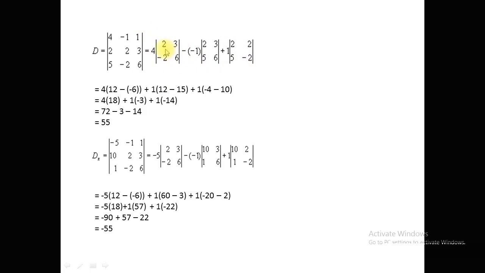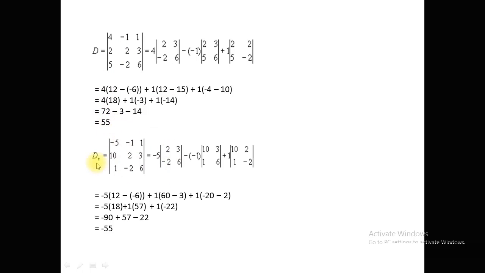Now to find the determinant of the 2 by 2 matrix, 2 times 6 is 12, 3 times 5 is 15, 12 minus 15, and for the last one, 2 times minus 2 is minus 4, 2 times 5 is 10. And after simplification, we get the determinant of the coefficient matrix is 55.